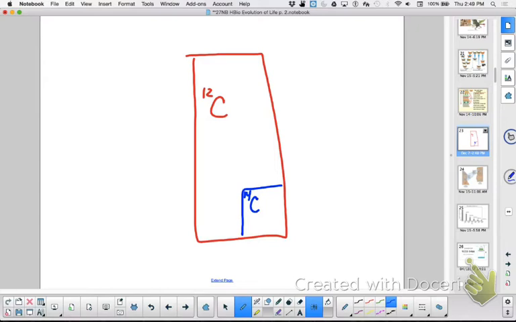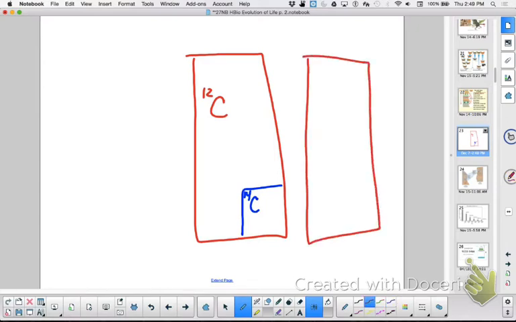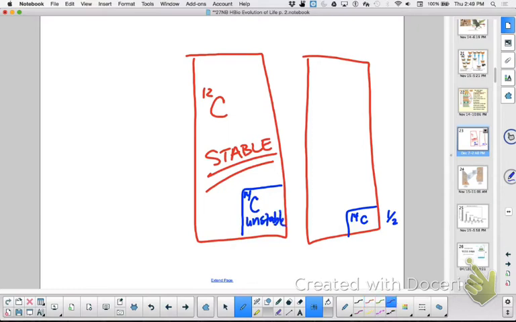So if I find a fossil that has proportionally this much carbon 14, which looks like about half as much as what I would have today, then I know this carbon 12 is stable, it's not breaking down, but this carbon 14 is unstable, and it wants to break down to a more stable element.